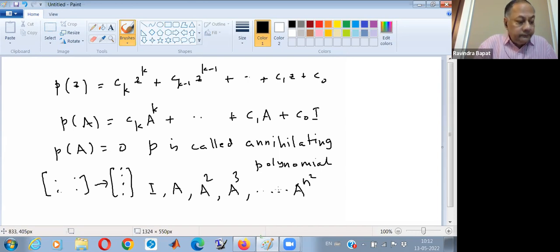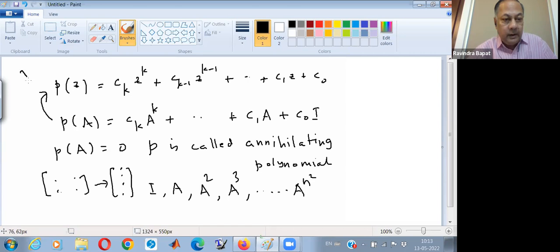And then another fact is that if you take an annihilating polynomial, you look at the roots. So suppose P is an annihilating polynomial, then look at the corresponding polynomial P(z) and take any root of P(z), an individual complex root.